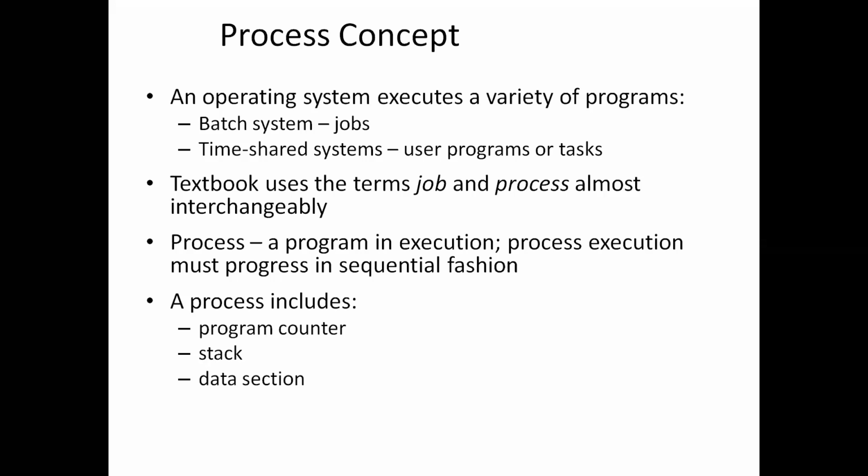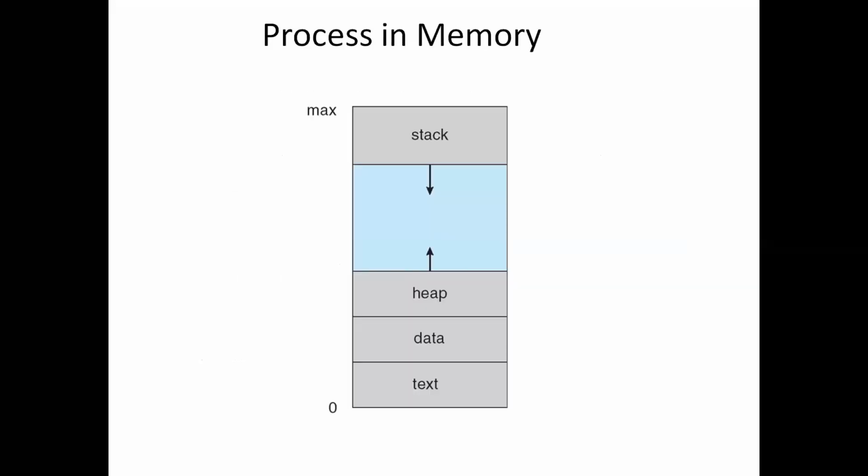Next, the process also includes the data section, which contains the global variables. We can see the process structure in memory: we have the stack, the program counter, and the data section.